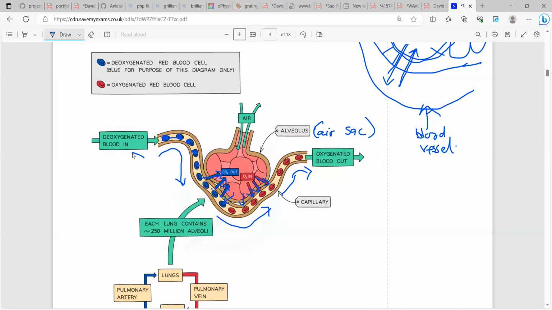So when you breathe in, you are trying to get oxygen into your bloodstream, and at the same time, you are taking away carbon dioxide. So this is what we call gaseous exchange. This process, illustrated by the diagram, is gaseous exchange.